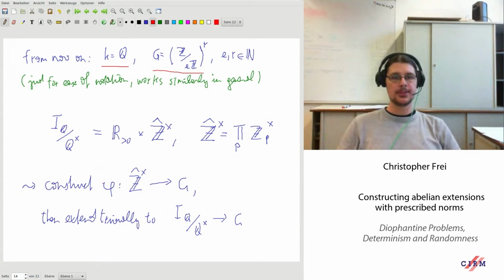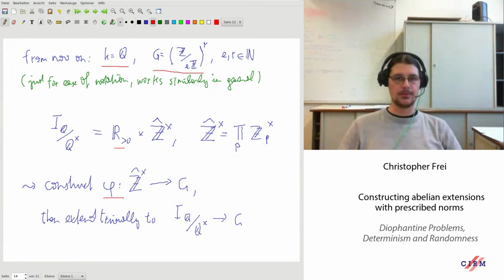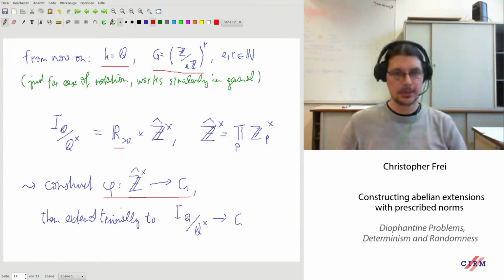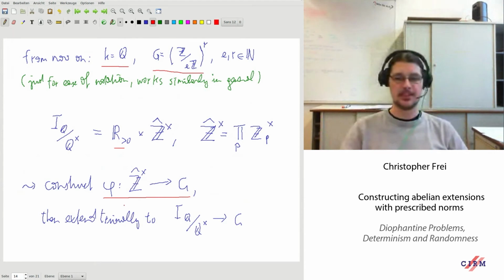Now, I'm going to construct these homomorphisms from the units of Z hat to G. And then, of course, one can extend it trivially to the positive reals to get a map from the ideal class group to G. So we've reduced to finding such a homomorphism from Z hat star to G, still satisfying our two properties.